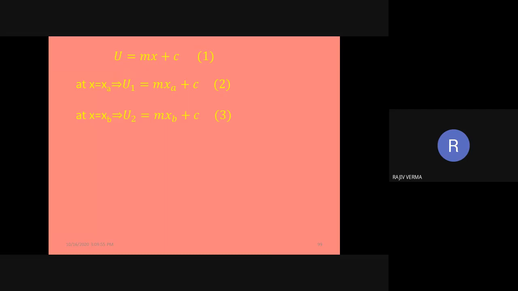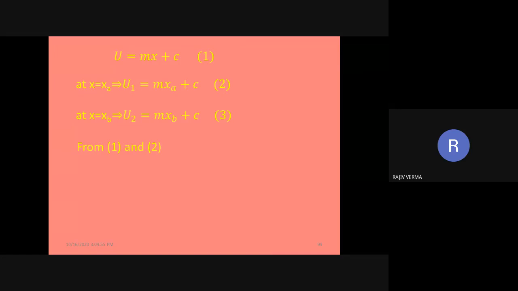Similarly, for x equal to xb, that is the second node, the value of the unknown happens to be u2. So we get equation number 3. Now we have two linear simultaneous equations, that is equation number 2 and 3. These can be solved together to give you the values of m and c.